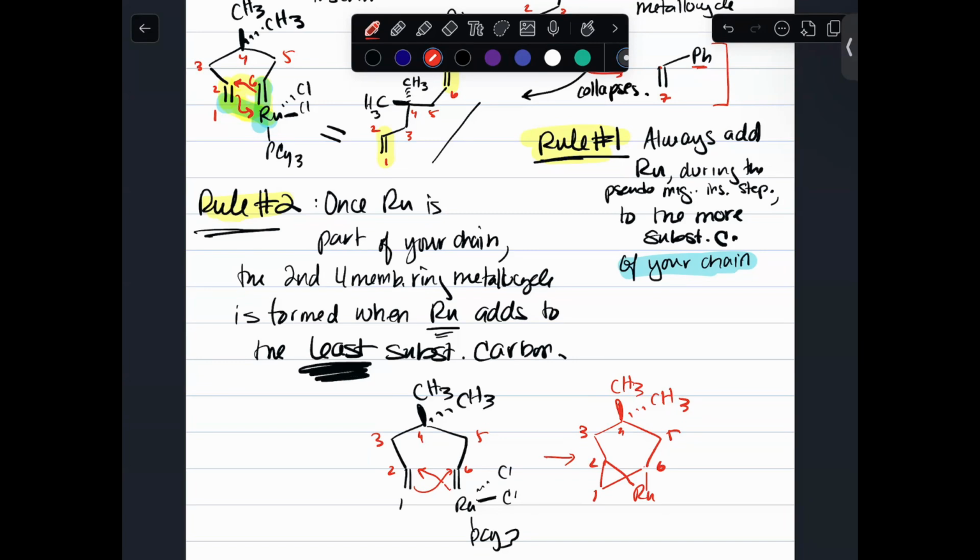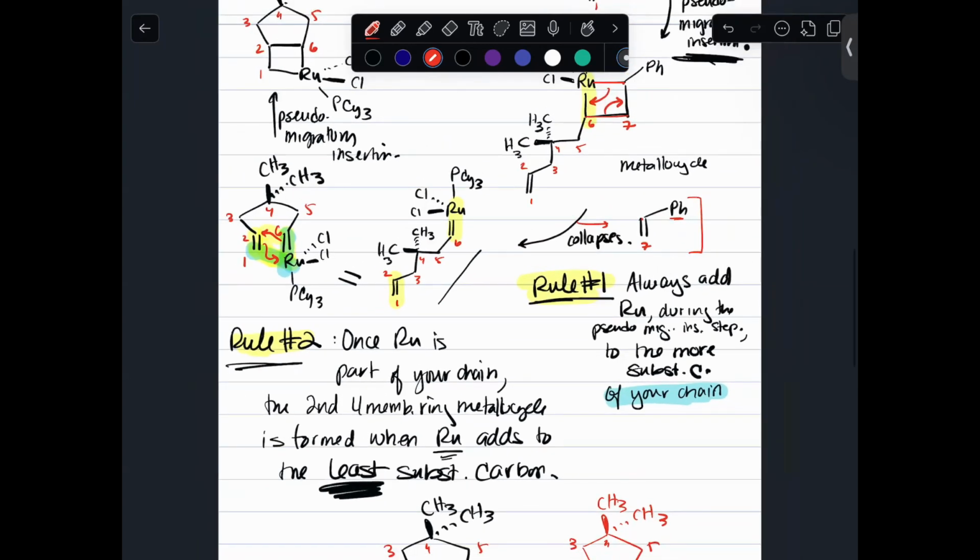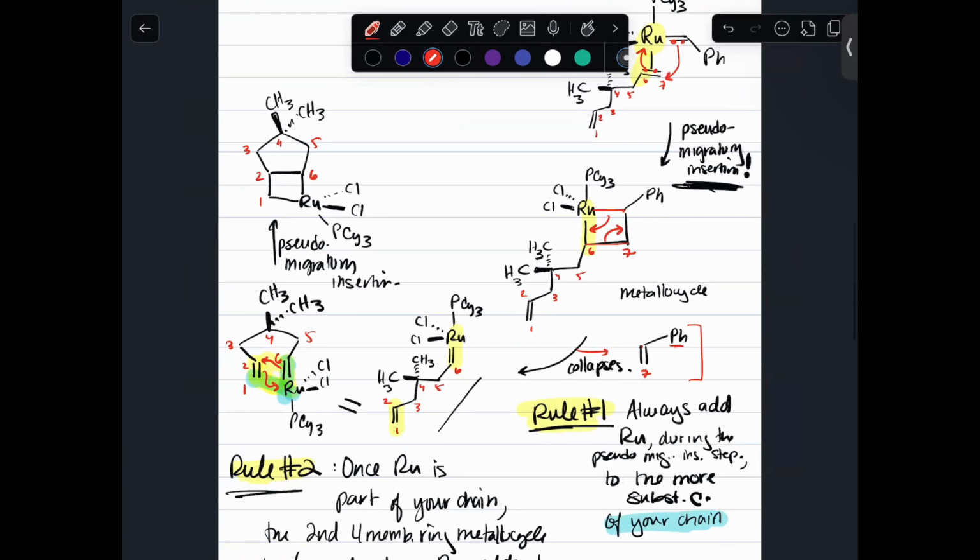You've made a bow, right? It's crisscrossed now, which isn't going to happen. A 4-membered ring is already hard enough to make. A crisscross is almost nearly impossible and not favored. So you always add to the least substituted carbon and you form your 4-membered ring.